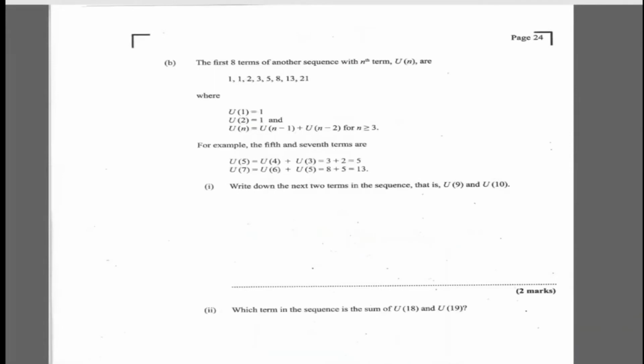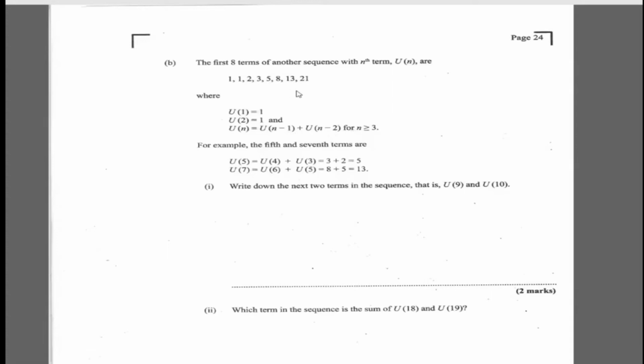Now, part B. Part B tells us that the first 8 terms of another sequence with nth term Un are 1, 1, 2, 3, 5, 8, 13, 21, where U1 is 1, U2 is 1, Un is Un minus 1 plus Un minus 2.